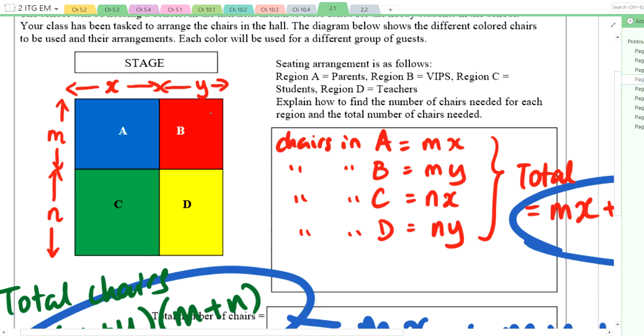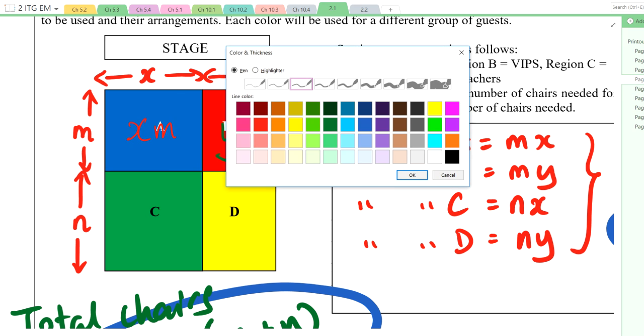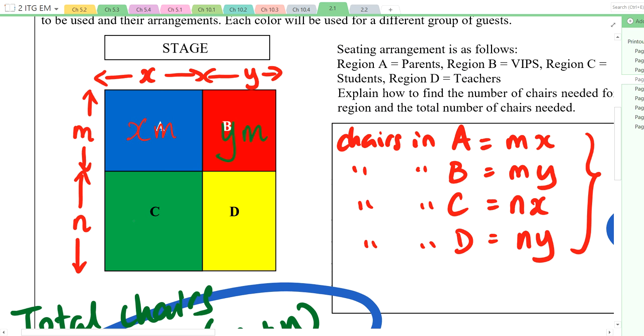It's the same 4 boxes where we had x, m inside here, and then under the b side we've got y, m. Under c we have x, n. And finally for d we've got y, n. Are you all familiar with this?